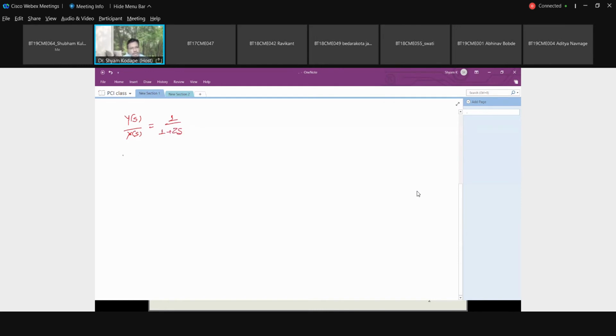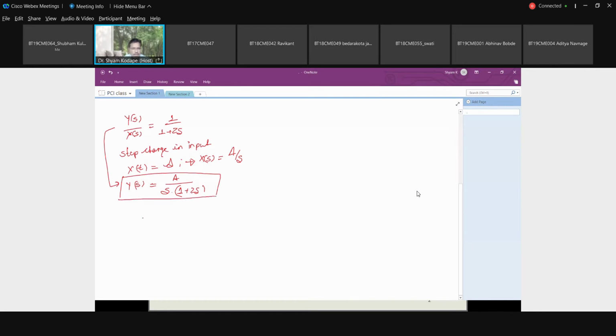Since a step change occurred in the input, what is the input? The input is my x(t) of magnitude A. Its Laplace will be X(s) equal to A by s. So ultimately Y(s) is A by s into 1 plus tau s. This is the expression we had derived yesterday.